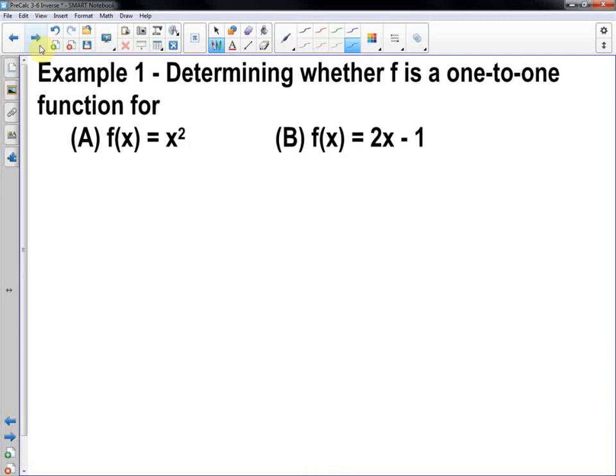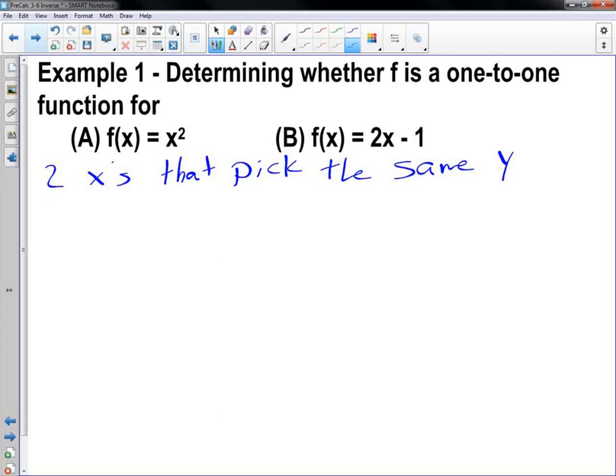So now, for the next example, we're going to decide whether f is a one-to-one function for each of these. When we do this, we're looking for a counterexample: two x's that pick the same y.